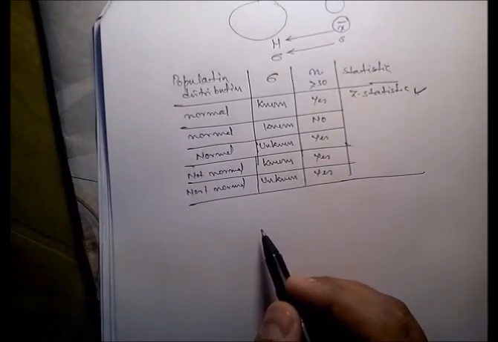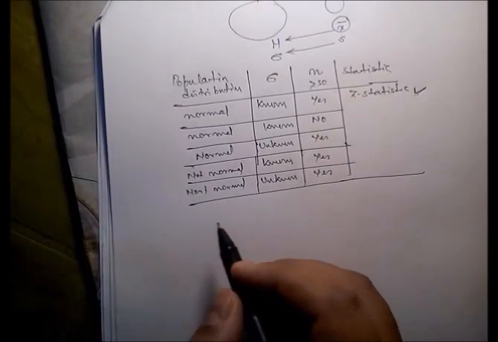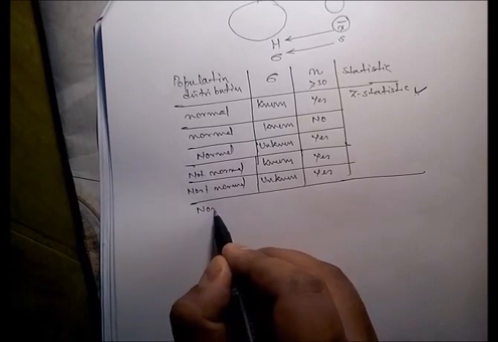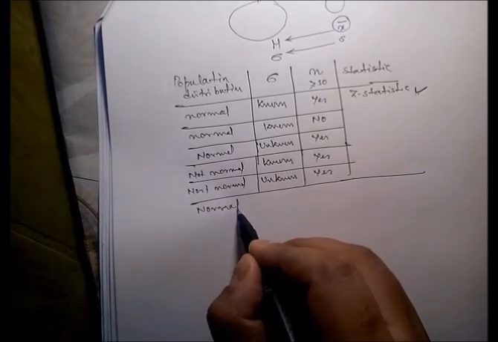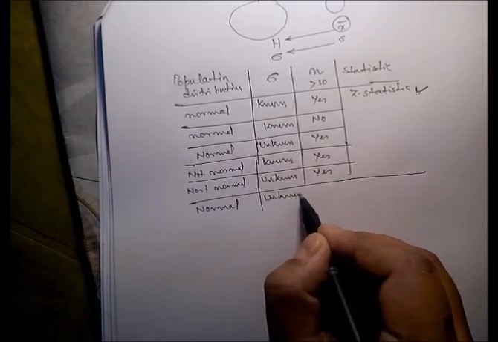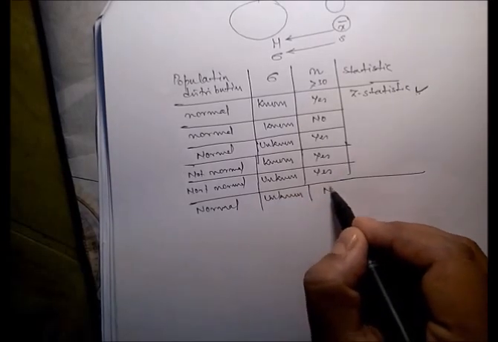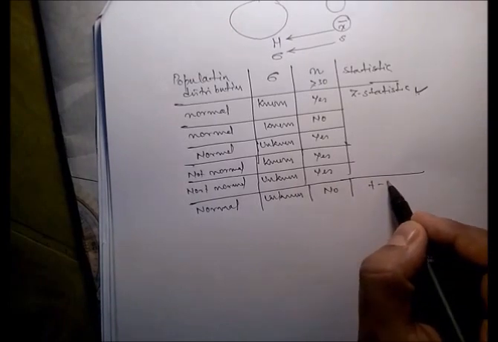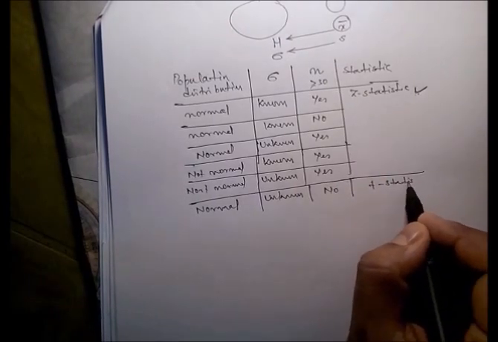But if the population distribution is normal, and the population standard deviation is unknown, and the sample size is small, say less than 30, then we have to use the T statistic.